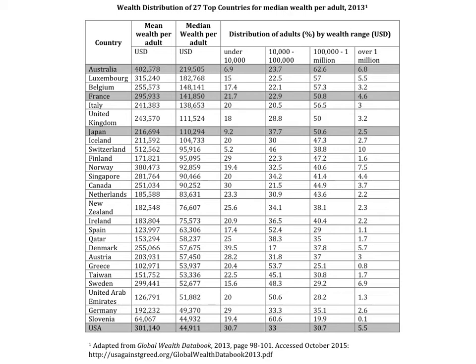So moving away from the mean and the median and looking at the distribution of wealth for the percentage of adults, they have 4 different ranges: under 10,000, from 10,000 to 100,000, 100,000 to 1 million, and over 1 million. And yes, this is something you mentioned in class. Wealth is not equally distributed, right? Australia has a rather high level of wealth for the majority of the population, but still we see 30% with less than $100,000 US.